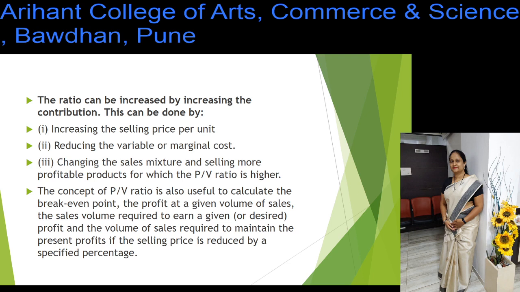The concept of profit volume ratio is also useful to calculate the break-even point, the profit at a given volume of sales, the sales volume required to earn a given profit, and the volume of sales required to maintain the present profit if the selling price is reduced by a specified percentage. By all these measures, we can increase our profit volume ratio.